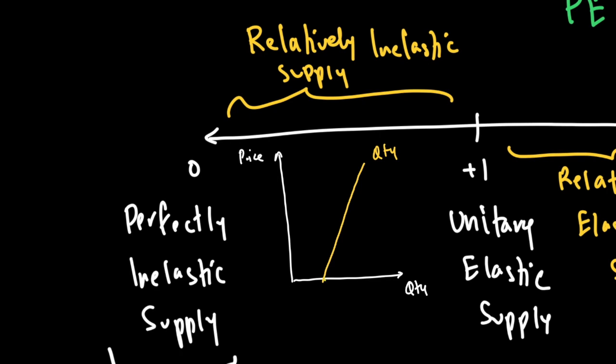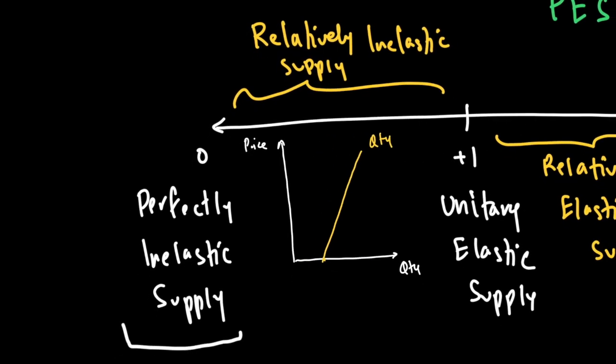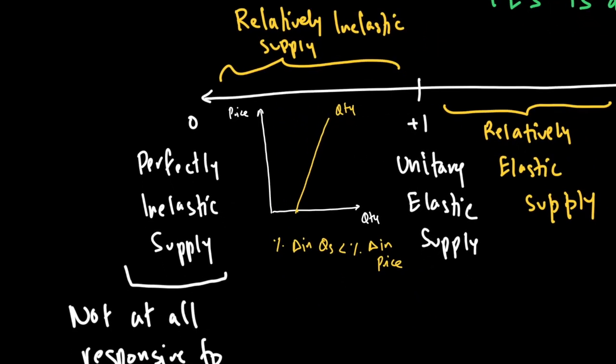That's the first feature we need to know. Number 2, in this case, your percentage change in quantity supplied is less than the percentage change in price. As a result, for this kind of supply curve, PES is less than 1, but more than 0, of course.